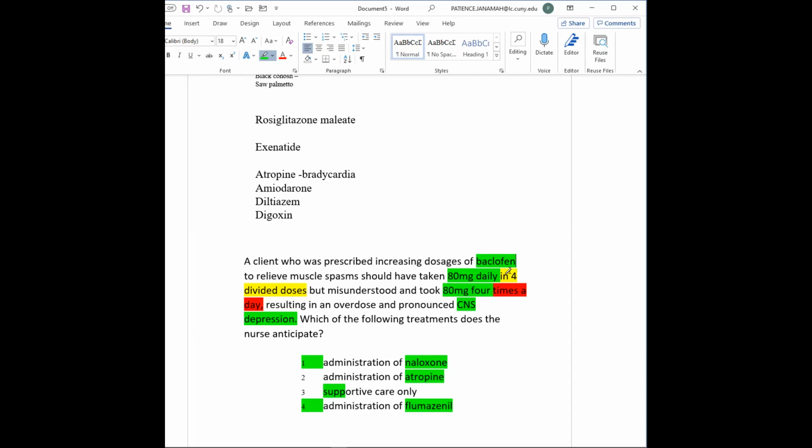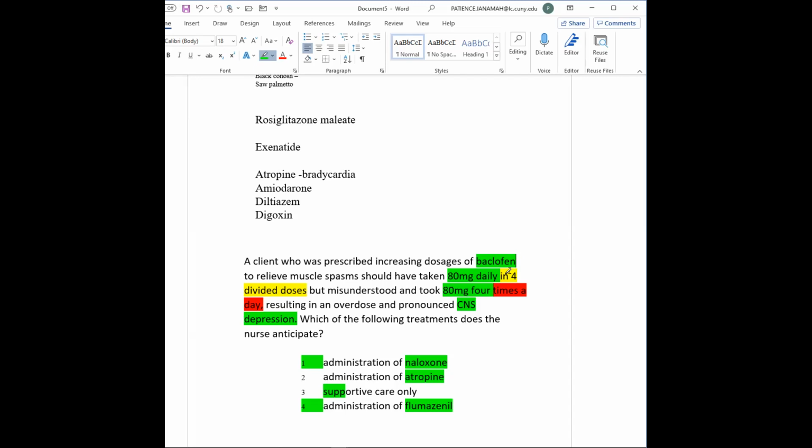If you don't understand what baclofen is, that's where you are going to start choosing any of the antidotes. The next thing is, if you don't understand that naloxone, atropine, and flumazenil are antidotes for other medications besides baclofen, then you are going to pick one of them.